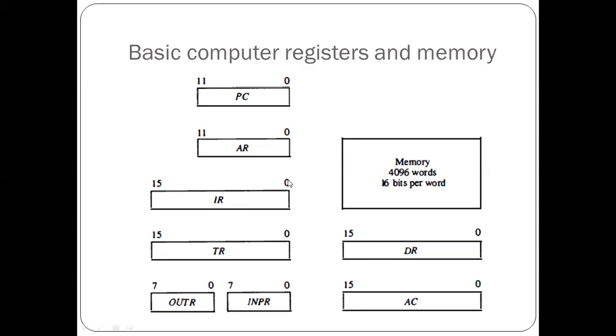Similarly, for data from memory to data register, I require 16 lines between memory and data register. To read an instruction from memory, 16 lines have to be connected between the instruction register and memory. For accessing the address, I have to connect 12 lines of the address register, or for accessing an instruction, 12 lines of the program counter to your memory.